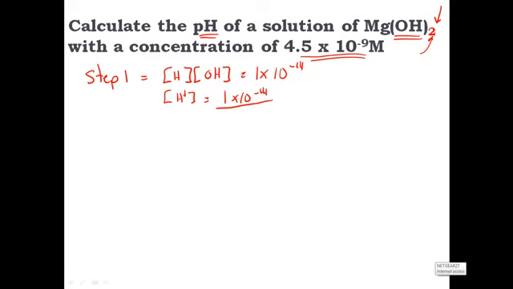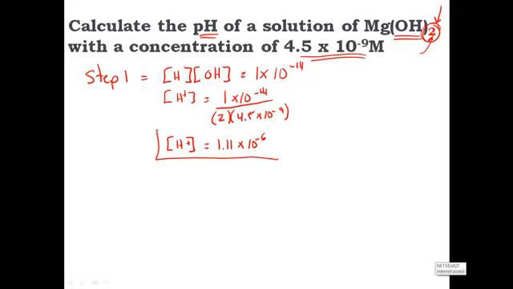We're going to divide this by 2 times 4.5 times 10 to the negative 9th. And I did that because there were 2 hydroxide ions. When we use that value, the hydrogen ion concentration in solution is 1.11 times 10 to the negative 6th.